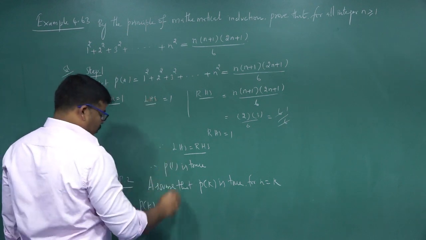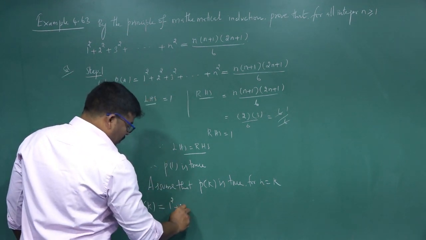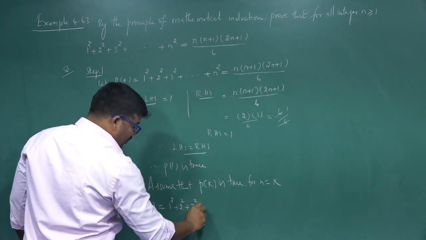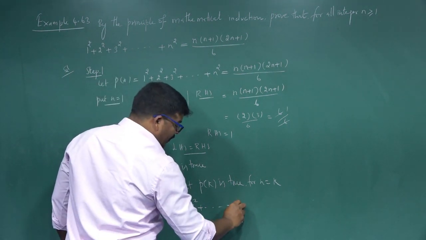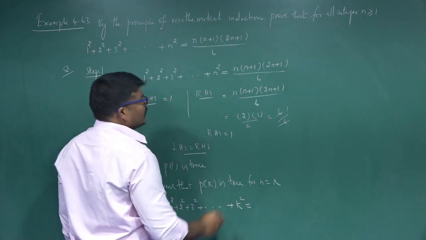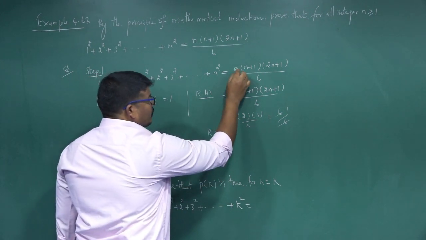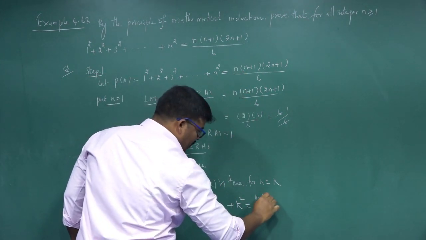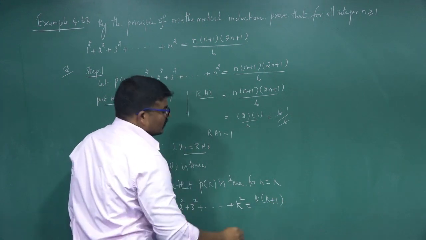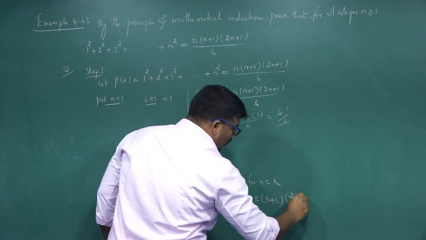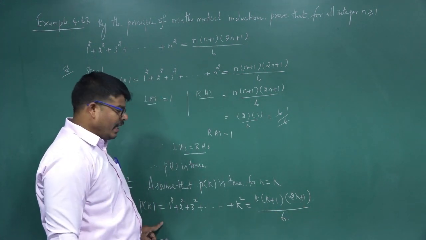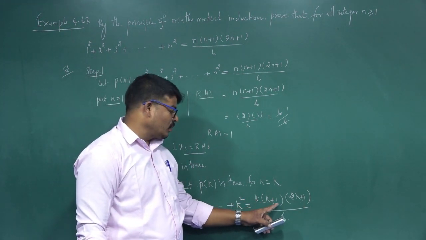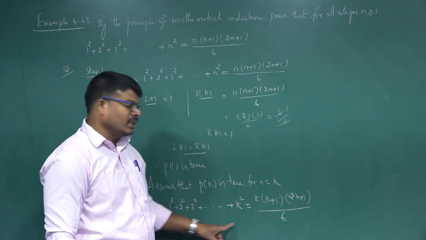P of k equals 1 square plus 2 square plus 3 square and so on, plus k square, equals k into k plus 1 into 2k plus 1 divided by 6.